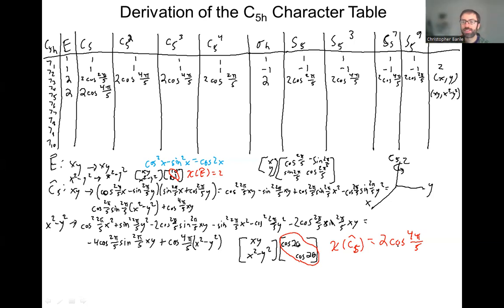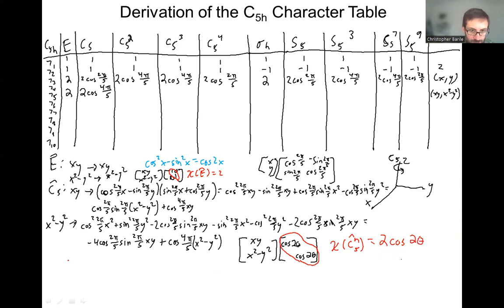In this case, we're doing a C5, so we rotated by 2 pi over 5. And so we got a value of 2 cosine 2 pi over 5. But if we generalize this to not just be C5, but C5 n times, then we could change this to being 2 cosine 2 theta.